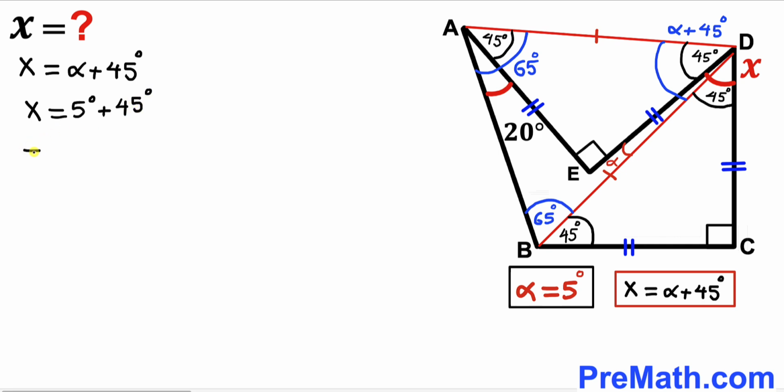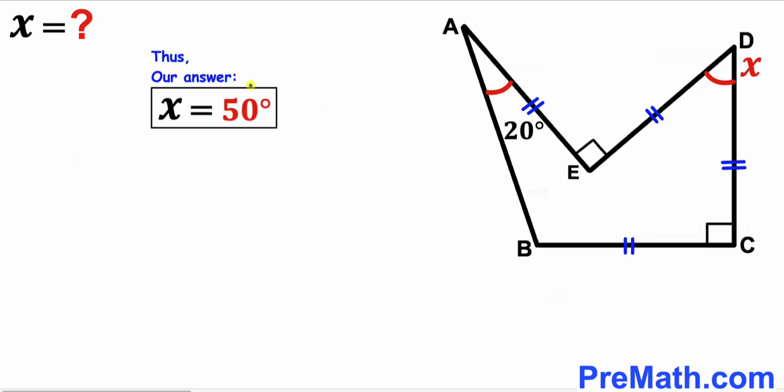So our angle X value simply turns out to be 50 degrees. So thus, after all the calculations and manipulations, our angle X value turns out to be 50 degrees. In other words, this angle X is 50 degrees. And that's our final answer.